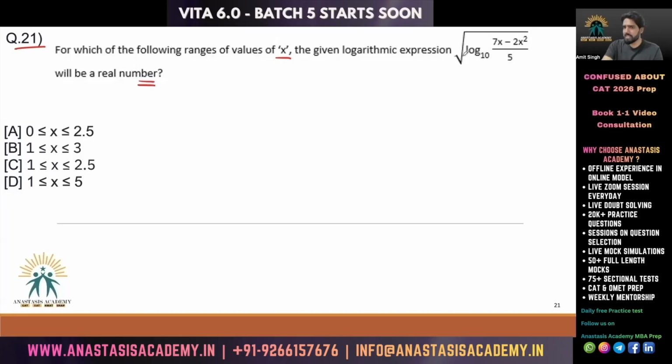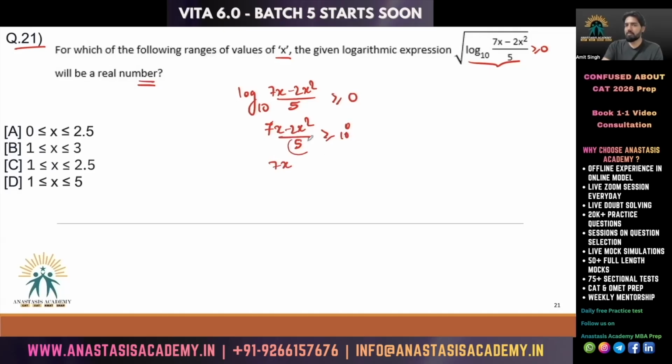Okay, so this expression, that is the square root, would be a real number when the item inside this square root is greater than or equal to 0. So I need the value of this log to be greater than or equal to 0. Correct? So I need (7x minus 2x square) upon 5 to be greater than or equal to 10 raised to the power 0, and that is 1.